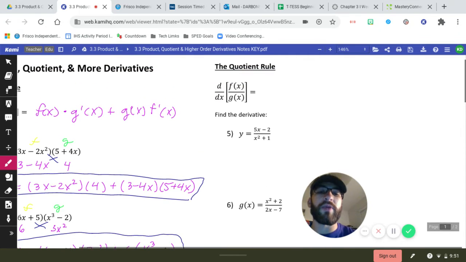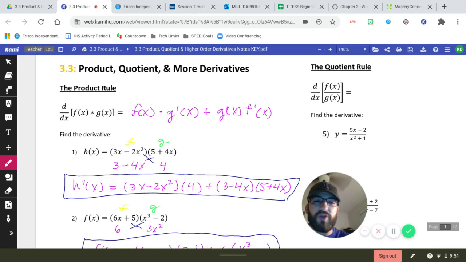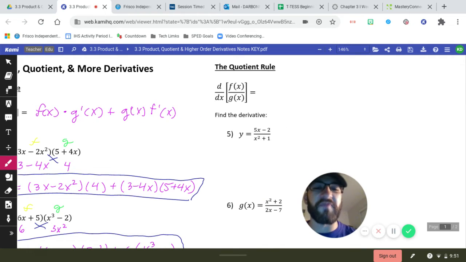The second rule we're going to really talk about today is the quotient rule. So product is for products, multiplication. Quotient is for quotients or division, fractions.